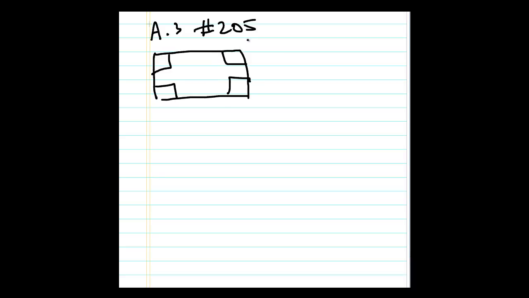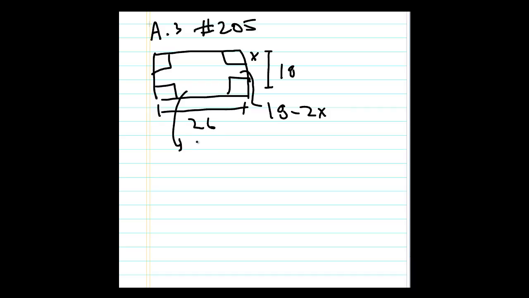Now, if you look at the dimensions, each of these things is x. The entire box here is 18 centimeters. So this little piece right here, which is the bottom, is 18 minus 2x. Okay, likewise, this whole box right here is 26 centimeters. So the piece that we're interested in, which forms the bottom, is 26 minus 2x.